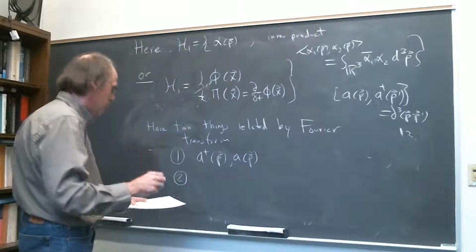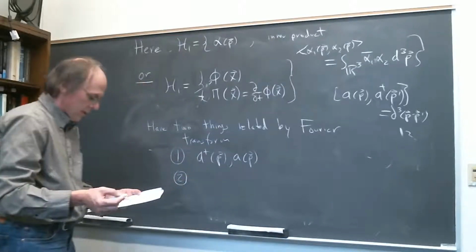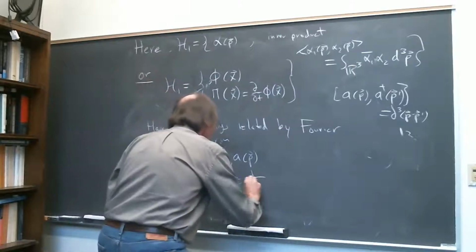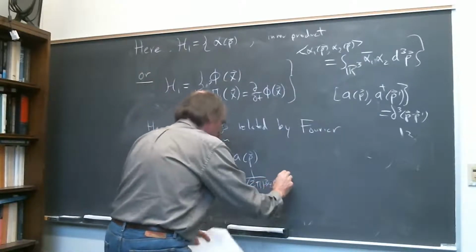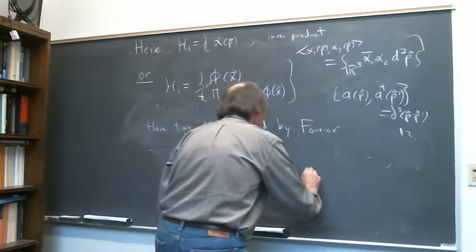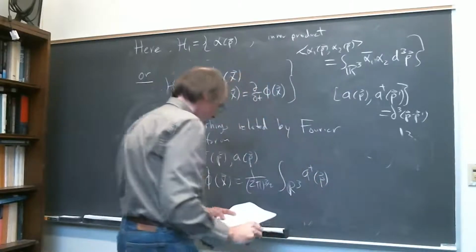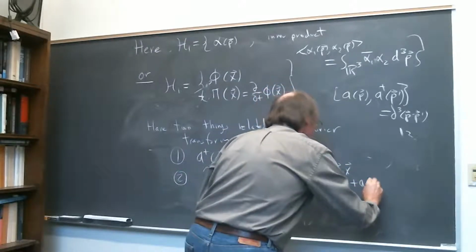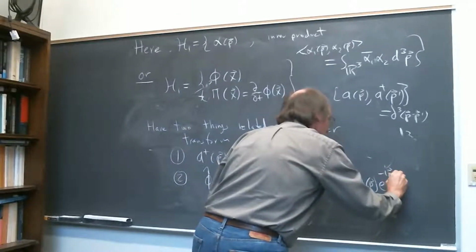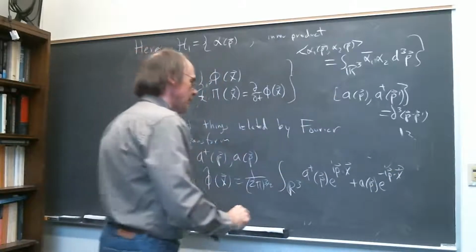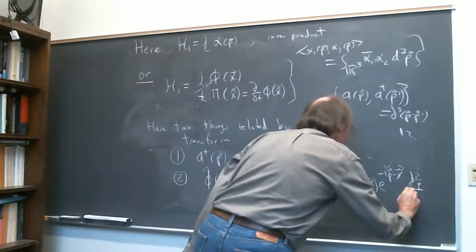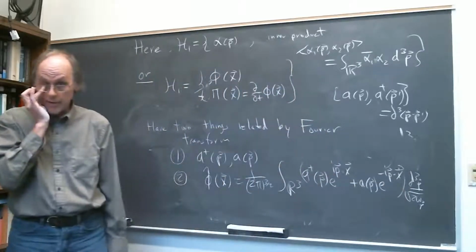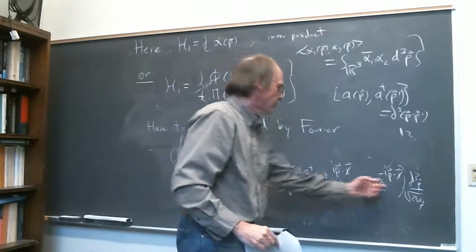So those would correspond to the T equal to 0 value of the field, and the T equal to 0 value of the field is this: 1 over times A dagger e to the i P vector dot X vector, and then a d cubed P vector over square root of 2 omega P. So this is just the T equal to 0 version of that field operator that I talked about.